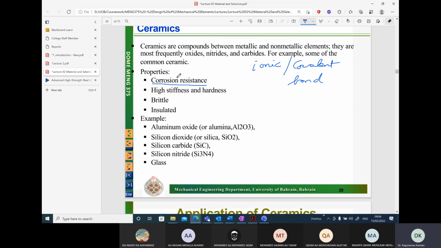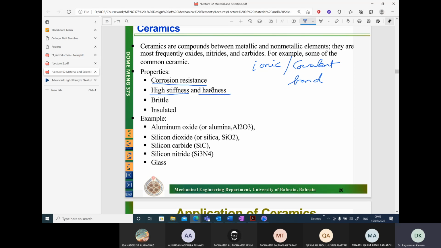Again, it does not lead to chemical reactions very easily, and therefore it has very good corrosion resistance. Since the atoms cannot move around, the bonds cannot change that easily. That means again it has very high stiffness, very high strength, and hardness.